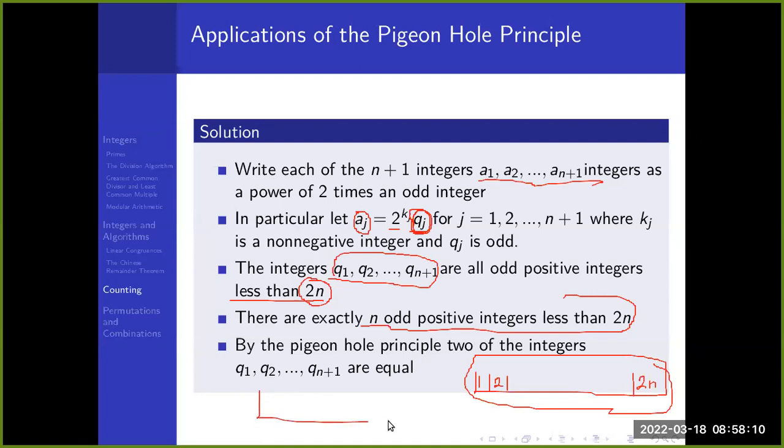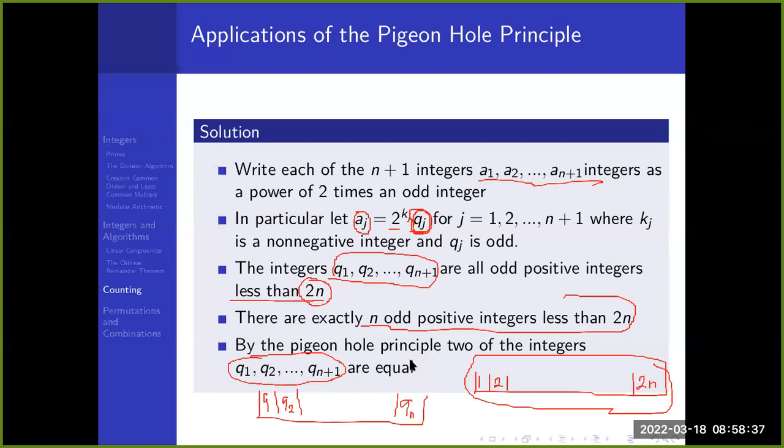So we have a total of n boxes, but we have n plus 1 objects to fit into those boxes. So I can put Q1 here, I can put Q2 here, and I can go all the way up to Qn. But then I have to repeat again. One of these will have to be repeated. It will have to fit into one of these already filled boxes.